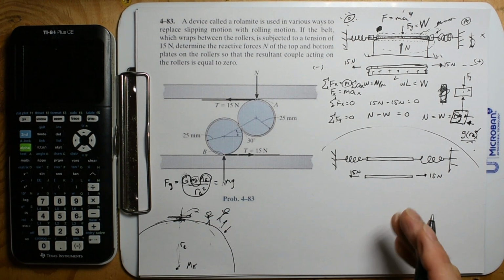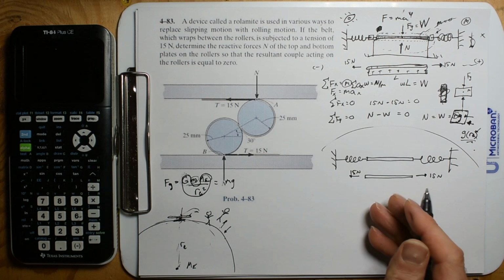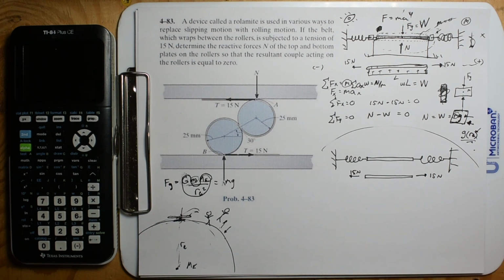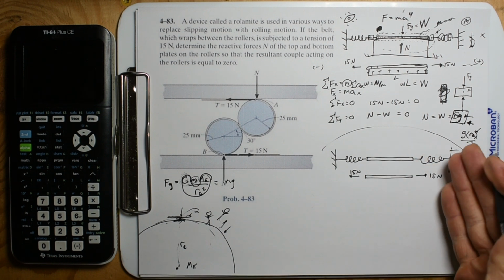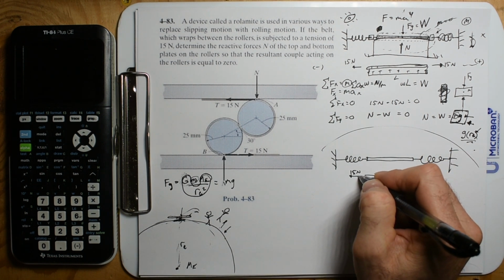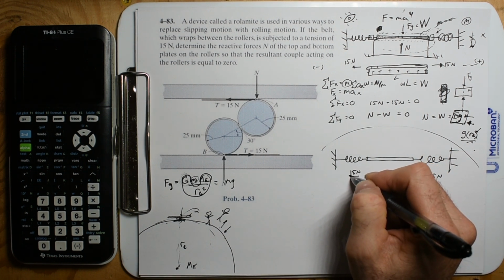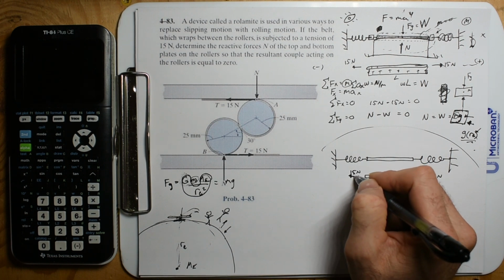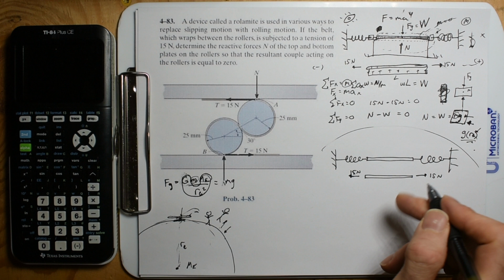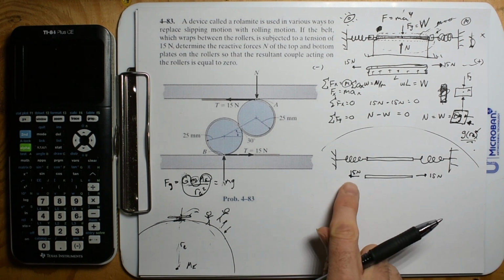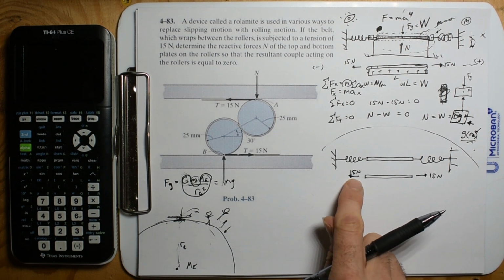Now what we want to do is something no one ever taught me, even though you actually have to do this in statics at some point. You can chop this up as much as you want, and I would always chop it up from a known end.